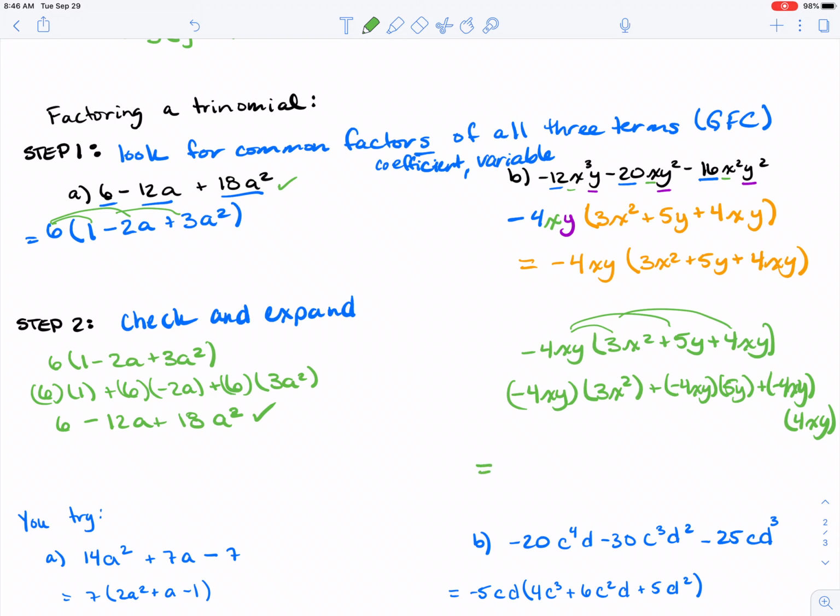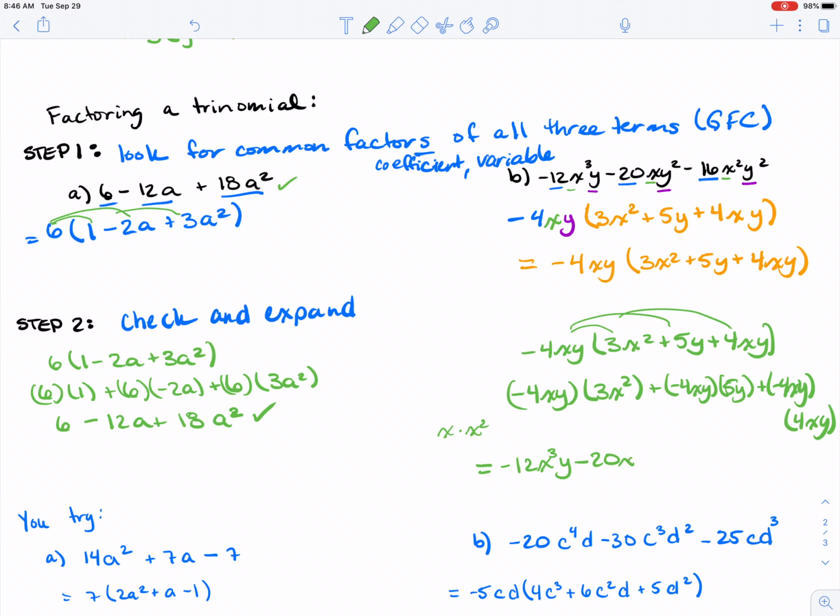Well, minus 4 times 3 is, of course, minus 12. X times x squared, and we know from our exponent laws that if I have an x times x squared, I'm going to add my exponents, so that gives me x cubed, and of course then y. And let's look at the next one. We have minus 4 times 5, that's minus 20.